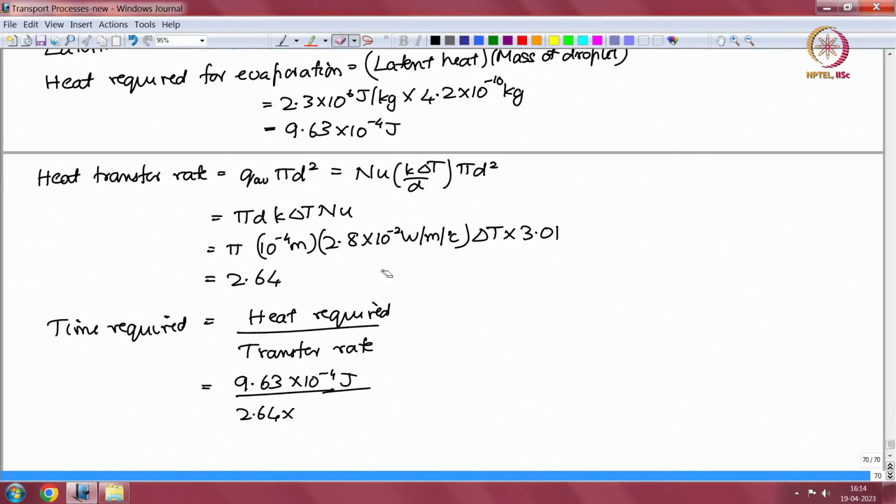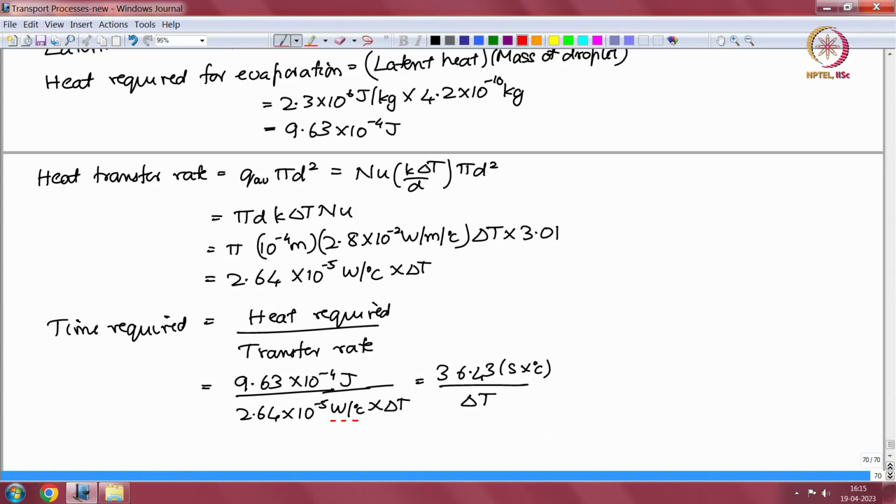In the numerator, you have seconds into degree centigrade, because I have a 1 over watts per degree centigrade in the denominator, which gives me a degree centigrade in the numerator, and I have joules divided by watt.